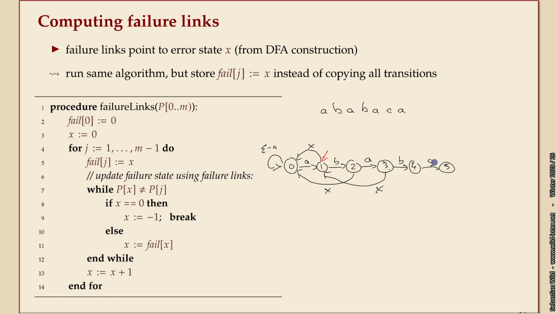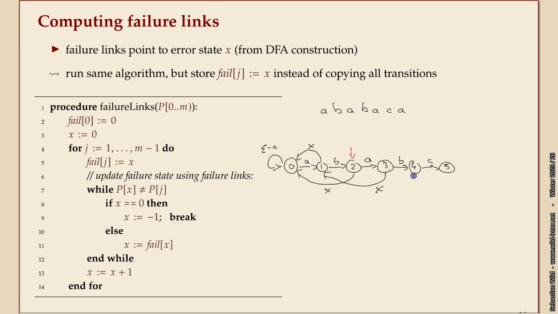Let's do one last one so that we see the construction with the failure link. The failure link for 3 with BA was this red thing. If I now move to 4, I would have wanted the simulation for BAB. I already know where BA brought me, so I'm leaving from the red one with a B. That brings me to state 2.